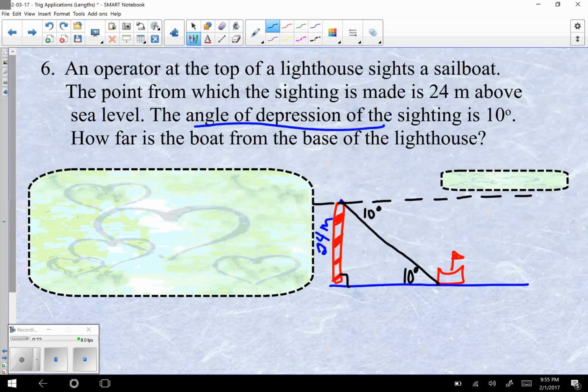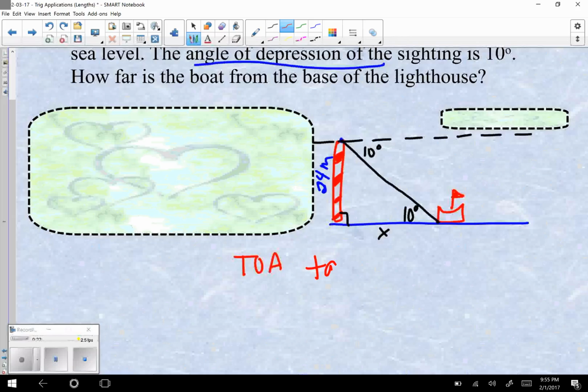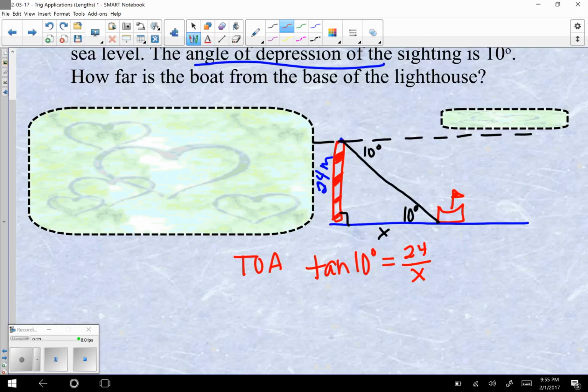So I'm looking for the distance of the boat to the base of the lighthouse. I know the opposite side and the adjacent side. What goes with opposite and adjacent? Tangent, right? So tangent of 10 degrees equals opposite over adjacent, 24 over x.